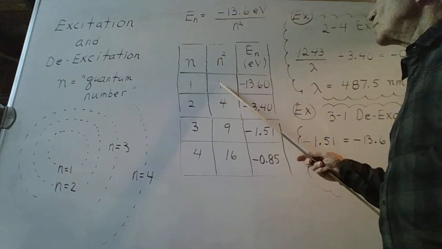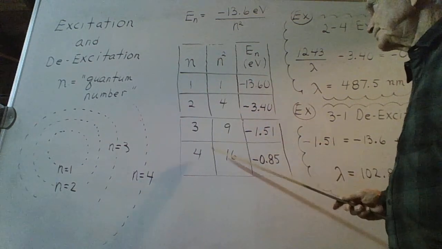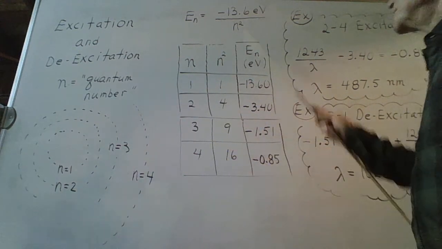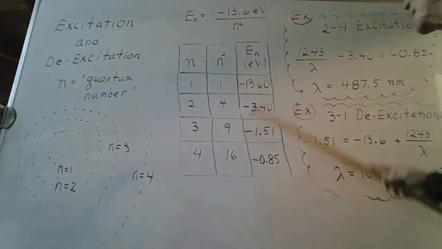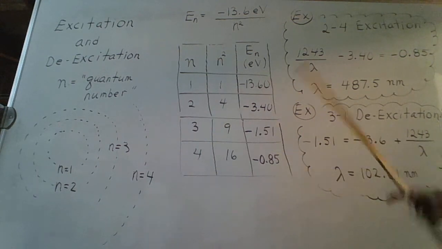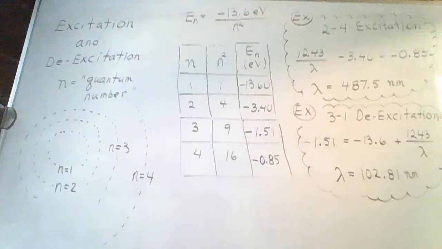N squared is likewise shown in the middle column. And we divide negative 13.6 by those numbers and obtain the following negative energies. What we will first do is discuss the excitation of electrons.